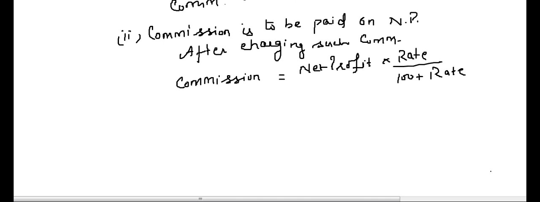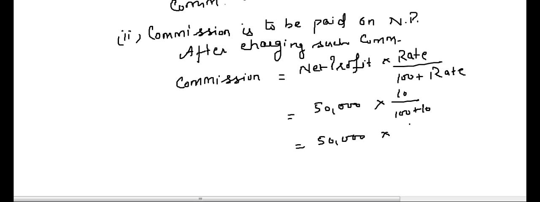Clear? So the net profit here is 50,000 and the rate here is 10, 100 plus 10. It comes to 50,000 into 10 divided by 110.